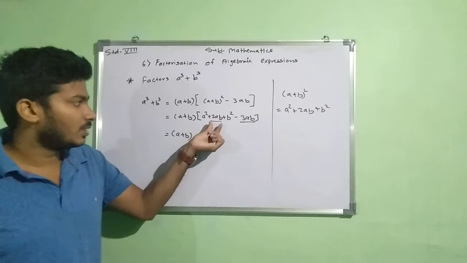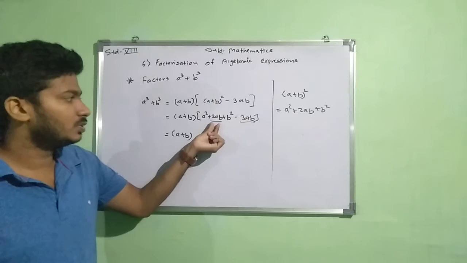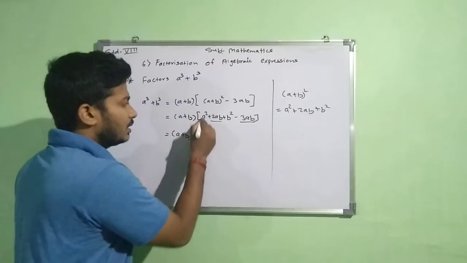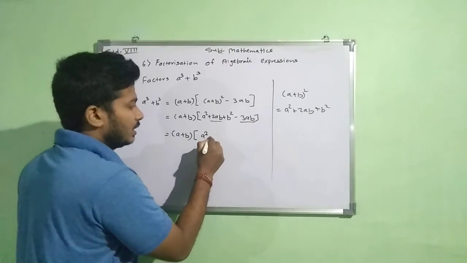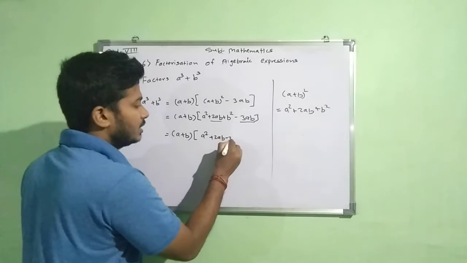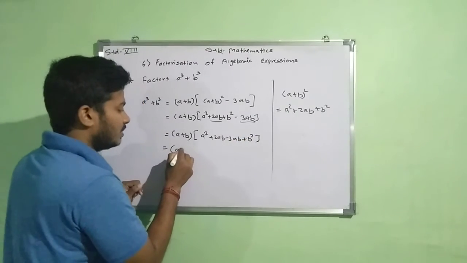Now if you carefully look here, plus 2ab minus 3ab, 3 is bigger, 2 is smaller. So a square will be as it is, 2ab minus 3ab plus b square, which is equal to a plus b as it is.